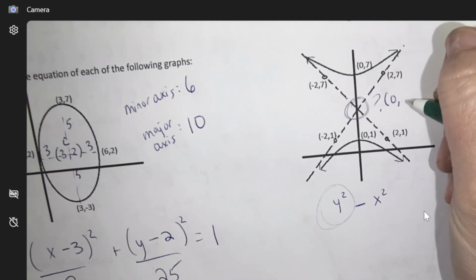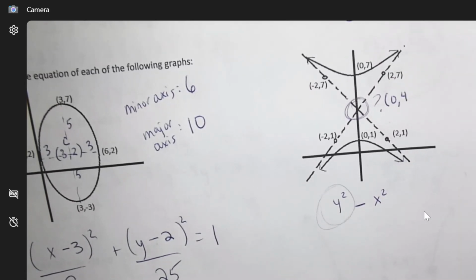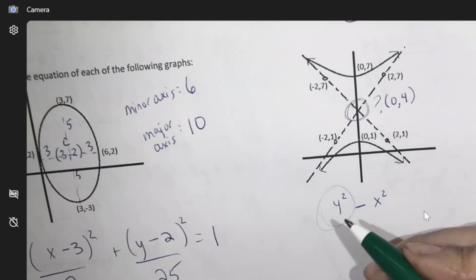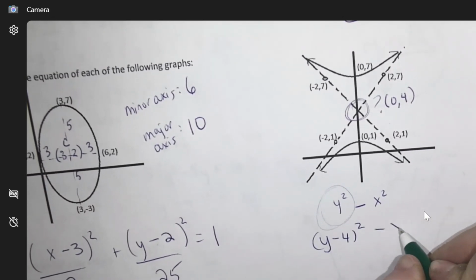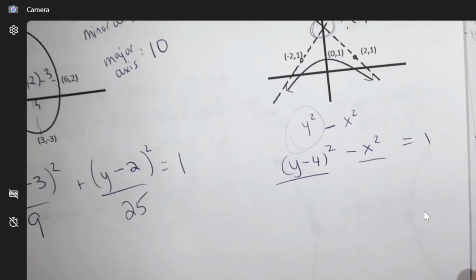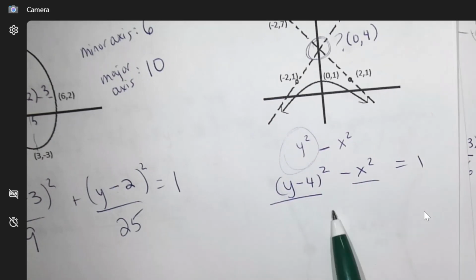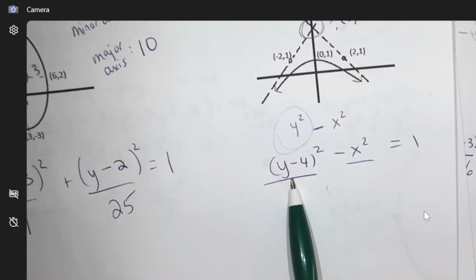0, 4. Okay, so here's what I know. 0, 4. And I wrote the y squared first because it's opening in the y direction.